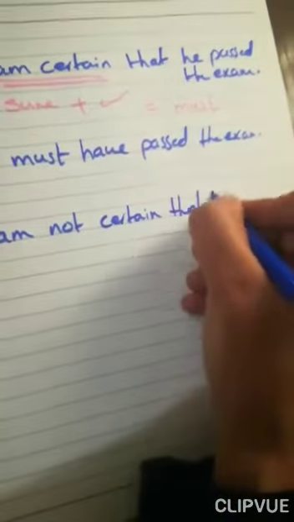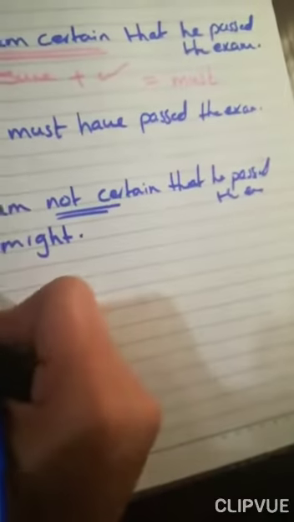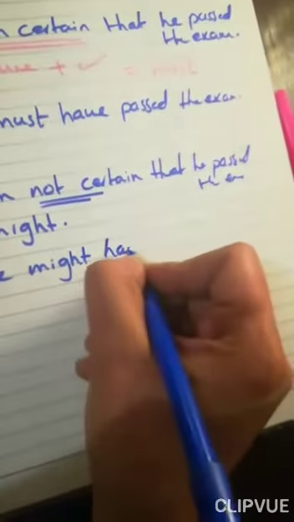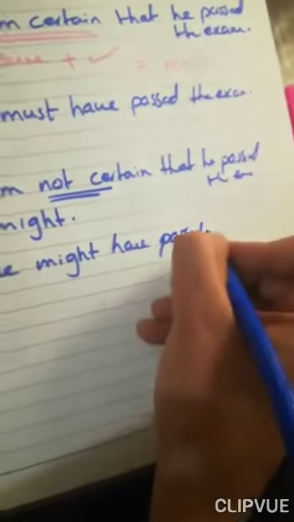The same sentence: I am not certain that he passed the exam. Here it's not certain, so I'll use might: He might have passed, which means I'm not so sure.